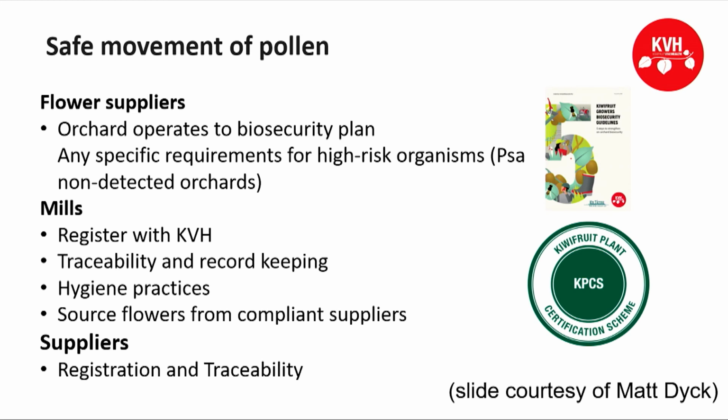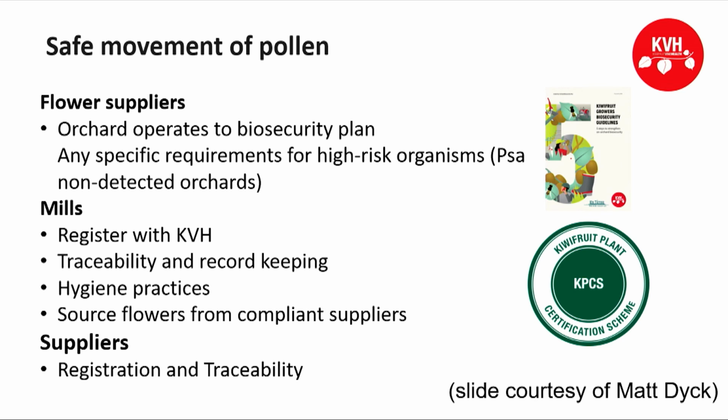And with the mills, they need to register with KVH and to make sure that there's good record keeping so that traceability is possible in the event of something going wrong. Good hygiene practices, and source flowers from compliant suppliers. And the suppliers, registration and traceability.